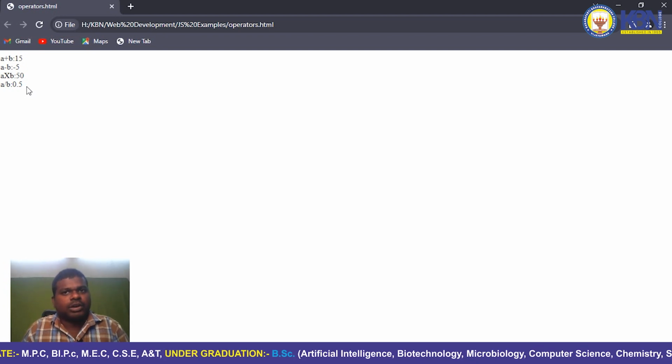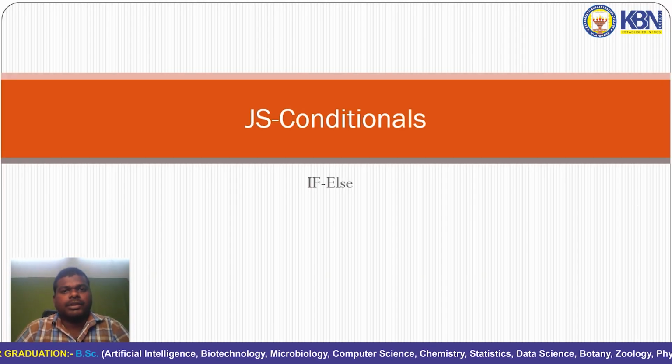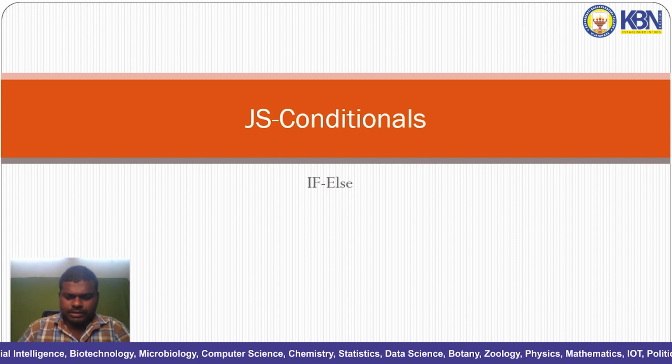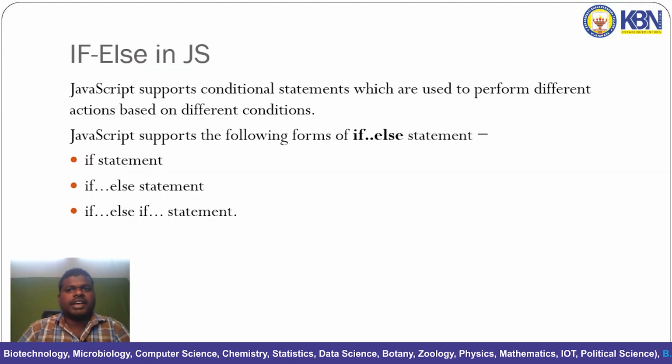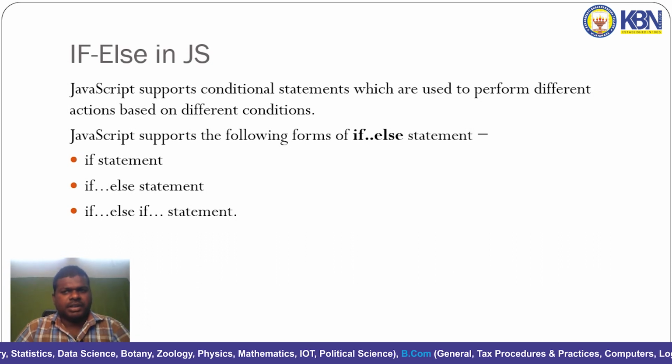So let us move on to the topic, conditionals in JavaScript. What is the meaning of the word conditionals here? Conditional statements perform different actions based on different conditions. For example, I will eat lunch if I get hungry.